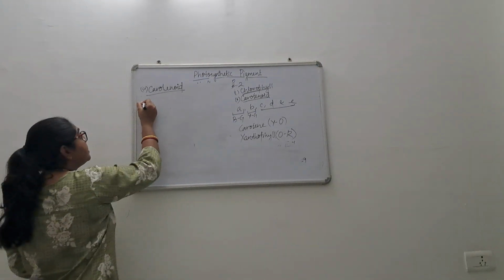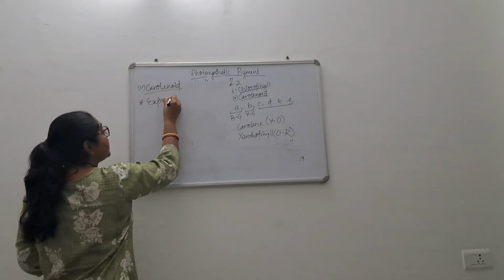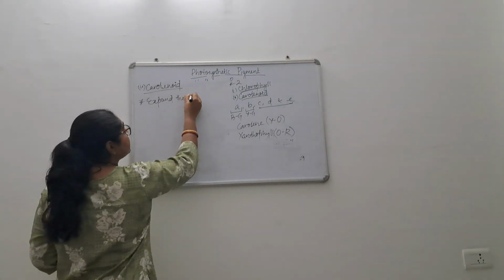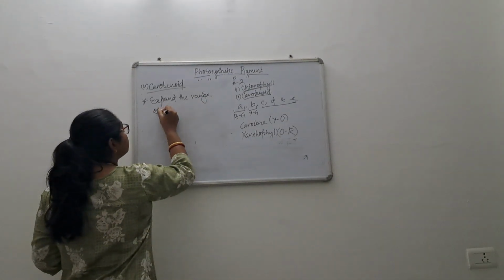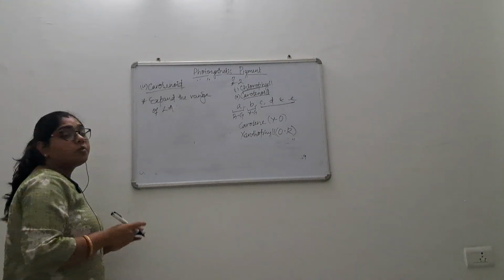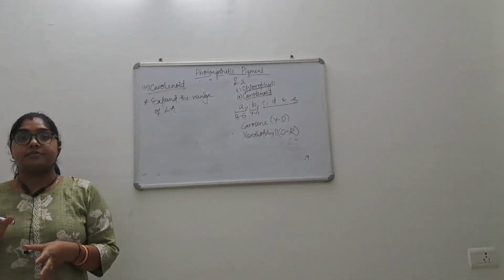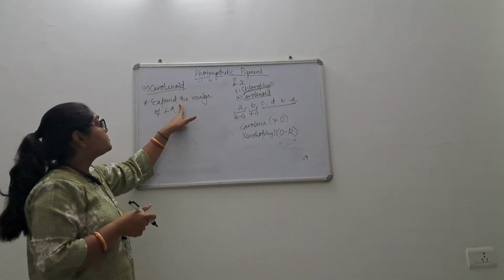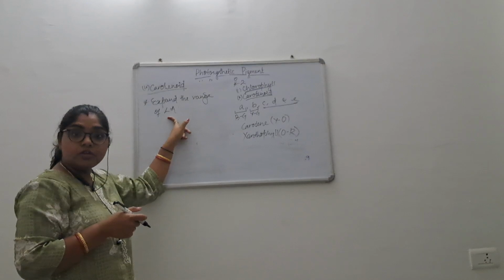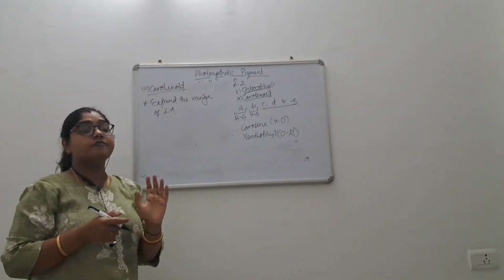So carotenoids expand the range of light absorption. The more the light is absorbed, the more effective the photosynthesis will be. So the first function of carotenoid is expanding the range of light absorption. As a result, the photosynthesis will be more effective.